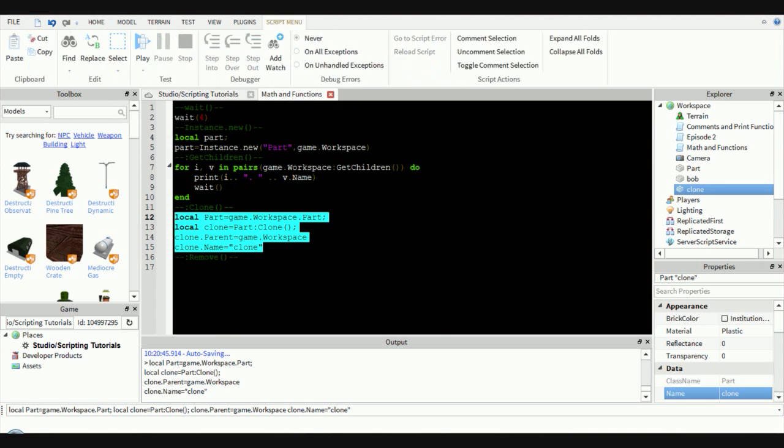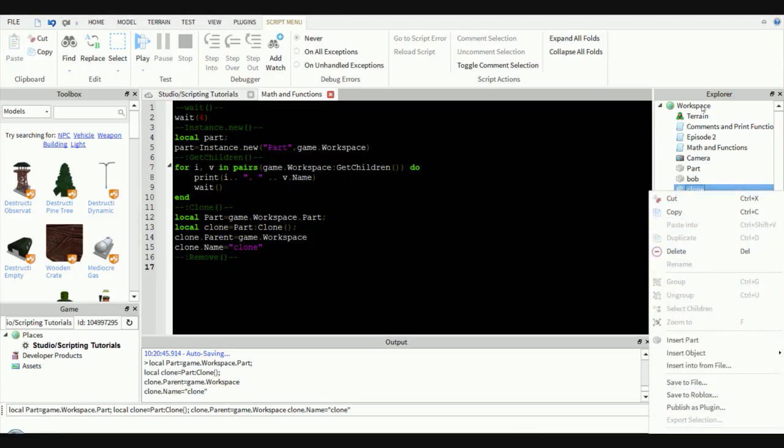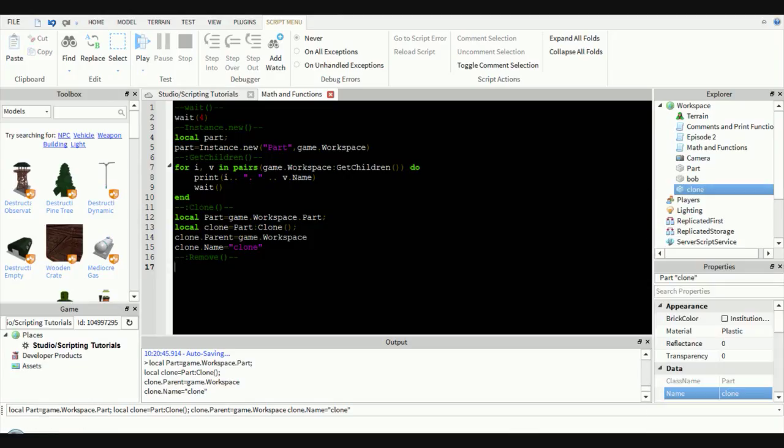Now we don't want clone anymore, so we want to remove it, but you don't want to delete it because you can't use Studio in a server. So let's use the remove function. Let's get clone remove, and basically it just removes it. There used to be destroy, but it's not recommended to use that anymore. So let's go try that out.